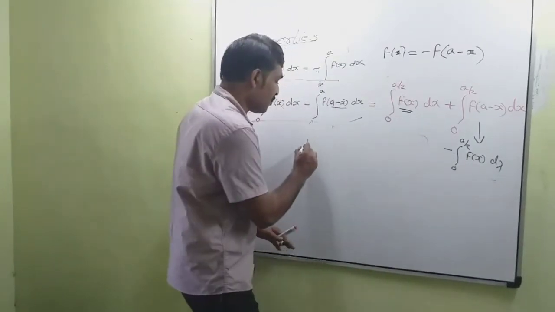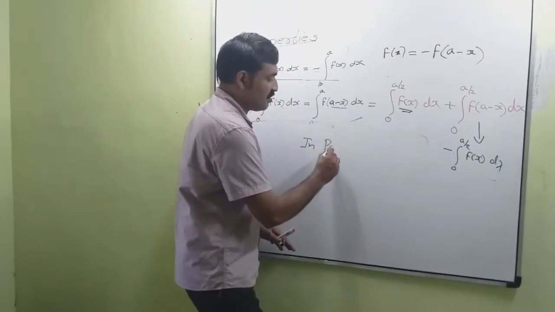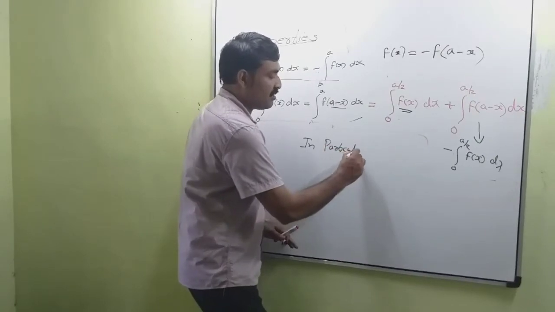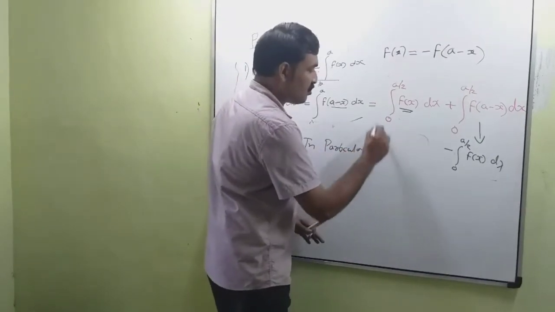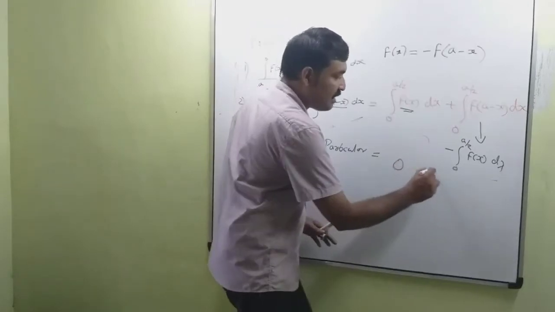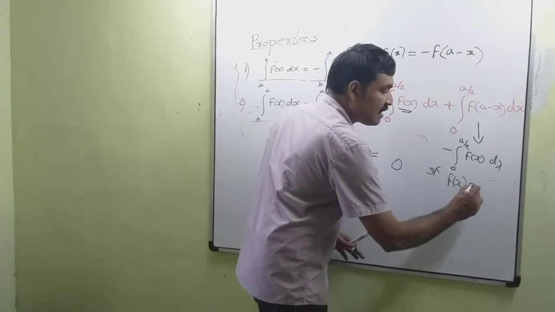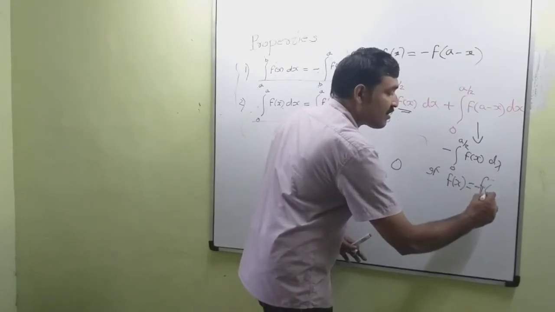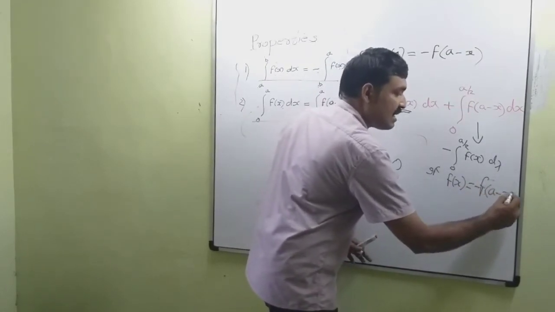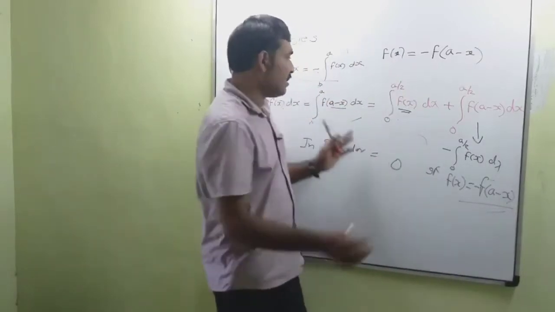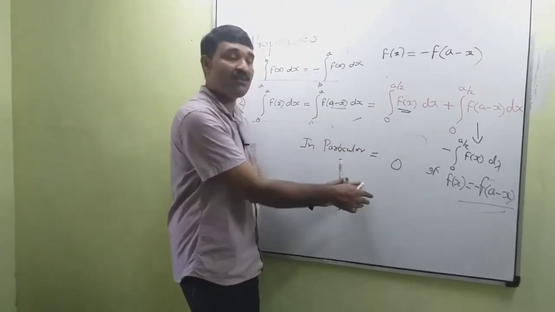So in particular, this is equal to 0 if, what is the condition? f of x is equal to minus f of a minus x. If this holds, then the value of this integration becomes 0.